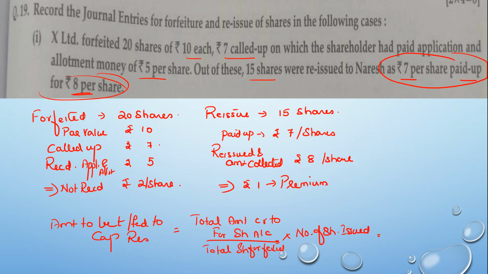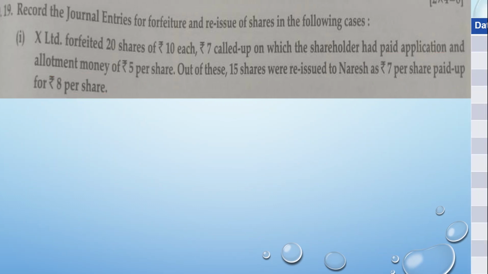But in this example, there is no discounted reissue, so we can ignore that portion and take only this part of the formula. So whatever is the amount credited in the forfeiture entry will be divided by 20 and multiplied by 15, and we'll get the proportionate amount to be credited to capital reserve. Now with this in mind, we will start passing the entries. So grab this information, keep it ready, note it down in your notebook.